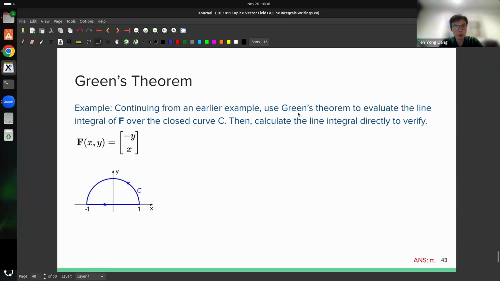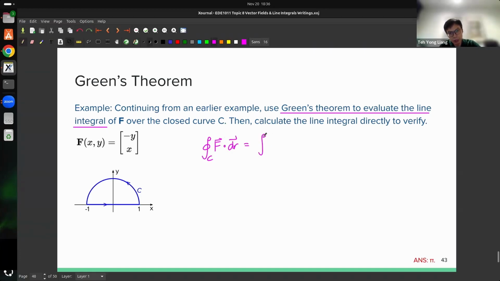When they ask you to use Green's theorem to evaluate the line integral, that means you cannot evaluate the line integral directly. The line integral over the closed curve C of F dot dr: don't integrate this directly.